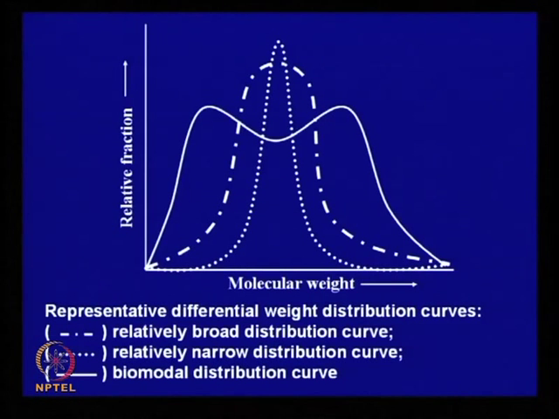So, let us see. Now, this is a diagram showing distribution of molecular sizes, various distribution of molecular sizes. How is this obtained? Suppose you take a sample of material, say in our case it is polymer, and dissolve it in a good solvent.